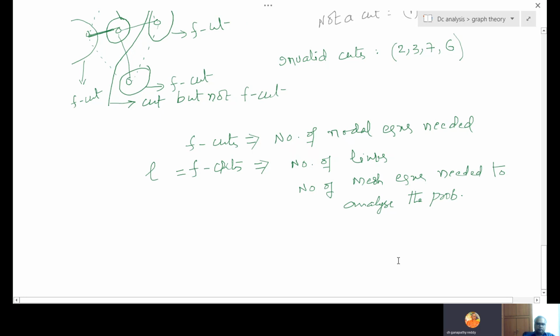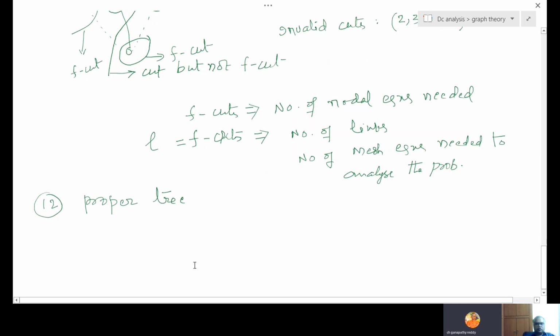The last one is the proper tree. What are the rules for this proper tree?